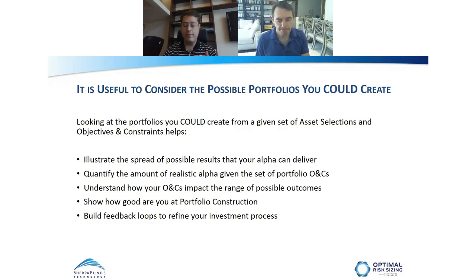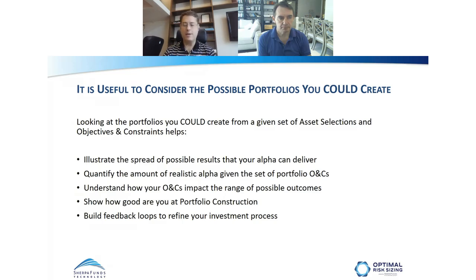And the next step then really is, once you know how your asset selection is driving the range of possible outcomes and how your objectives and constraints are making it wider or narrower and moving it up and down, how good are you within that range? How good have you actually been at portfolio construction, position sizing in terms of finding a good outcome within the range of possibilities?